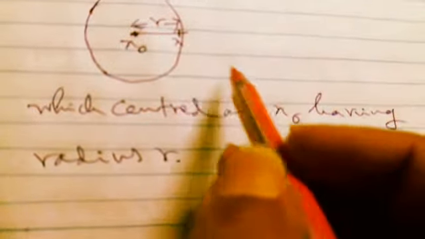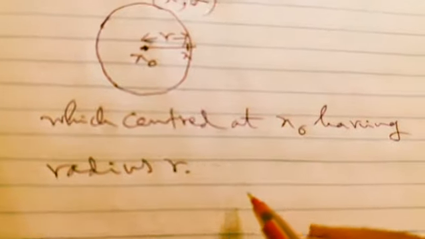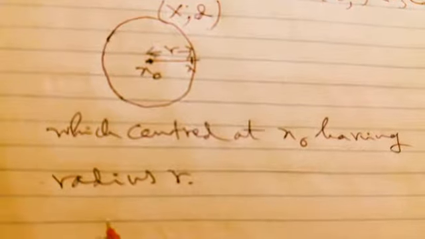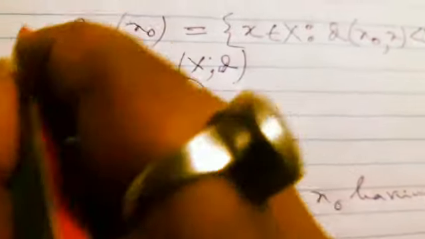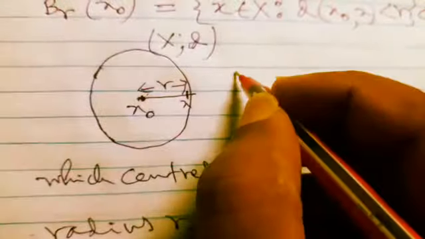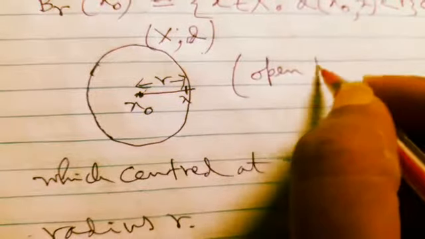Now if we consider this type of open ball, what happens for a closed ball? Obviously this is the concept of an open ball in a metric space.